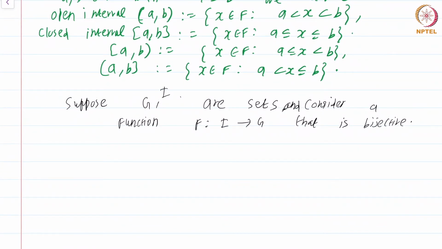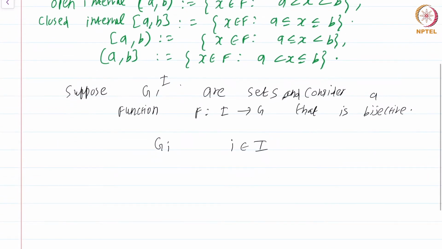Then obviously I can consider the elements of this set G as some G_i where i is coming from capital I. What I am essentially meaning by this is that G_i is nothing but f(i). So essentially I have parameterized the elements of G by this set I. This set I is called the indexing set.